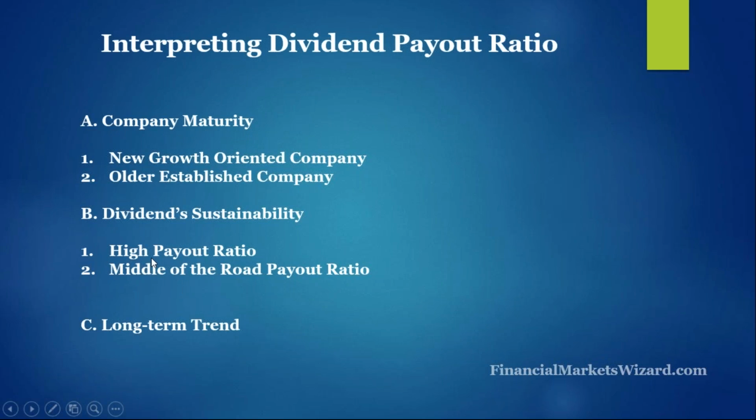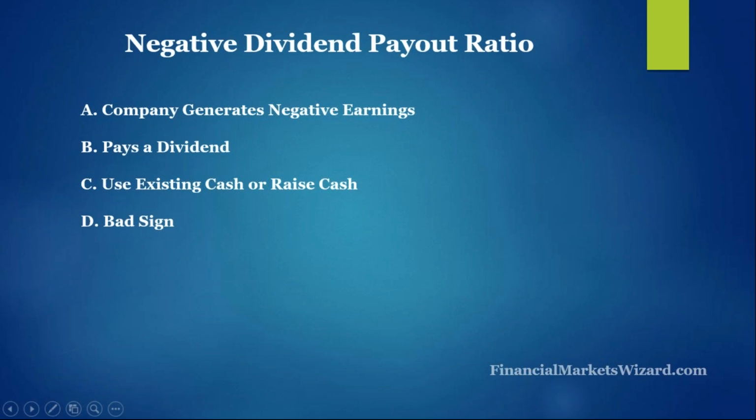Whether they have a high payout ratio or a middle payout ratio, you then have to see the long-term trend, how consistently they distribute the dividend, whether the company is in a growth phase or maturity phase, and whether you like capital appreciation or you just like cash flow. So all this goes into the factors.